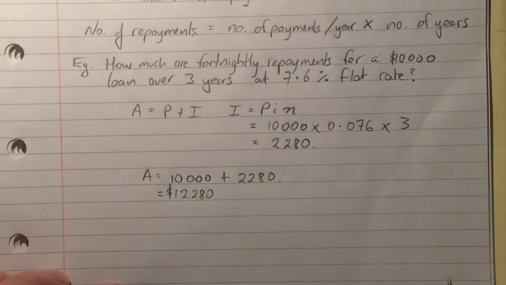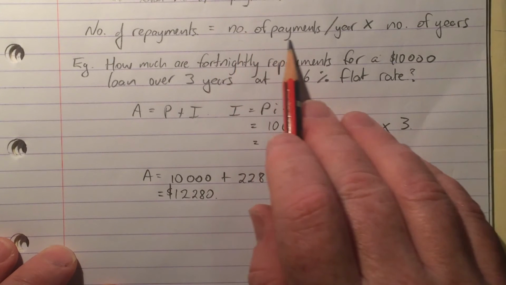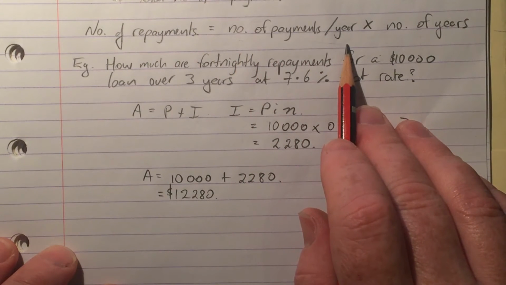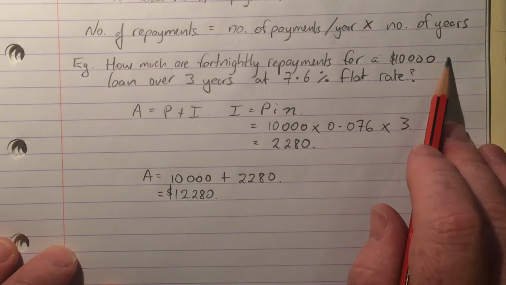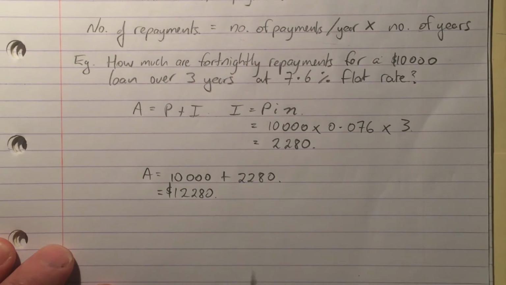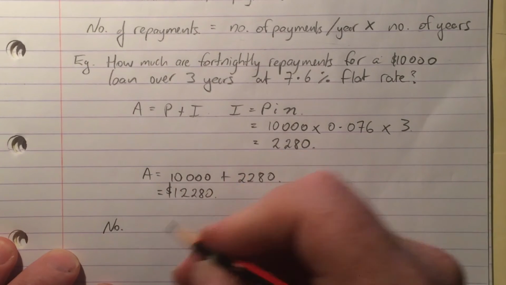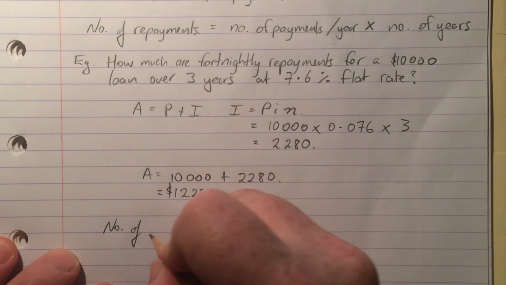The second part is how many repayments do we need to make during the course of this loan. So to work that out, we're going to take the number of repayments per year and multiply that by the number of years of the loan. In this case, the repayments need to be fortnightly.